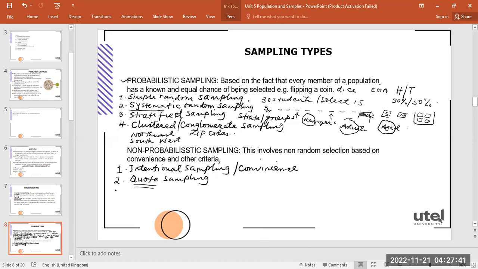Now, the third but not the least type of non-probabilistic sampling is what we call snowball sampling, and sometimes it's also referred to as network sampling.